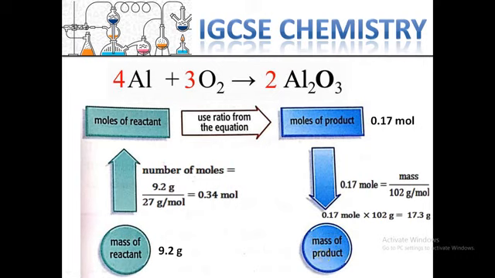So this is the answer, and you need to memorize and practice how to find the relationship between mass and number of mole, and from the number of moles of the reactants use the ratio of the equation, from the mole of the reactants to the mole of the products, and again from the mole of products, how to convert to the amount of mass of products.